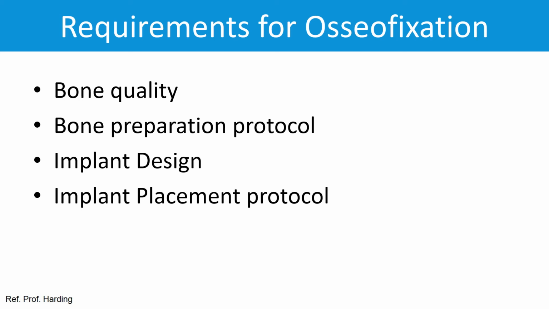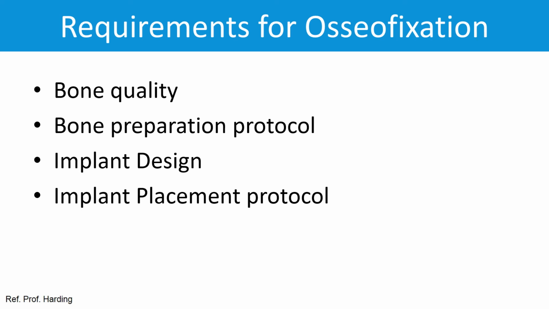Now, looking at bone preparation, we need a protocol that does not result in excessive amounts of bone removal, and to a certain extent this is governed by our implant design. If our implant is such that it requires a lot of bone to be cut away, such as a cylindrical implant, or it requires the use of taps or countersinking, then all these activities remove the amount of bone, which will reduce the amount of primary fixation.